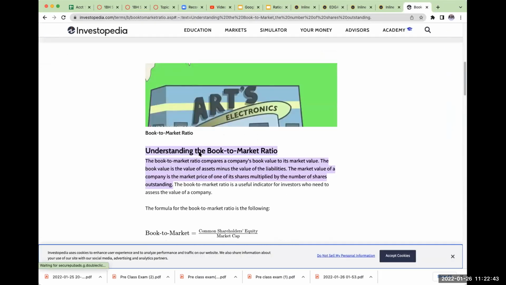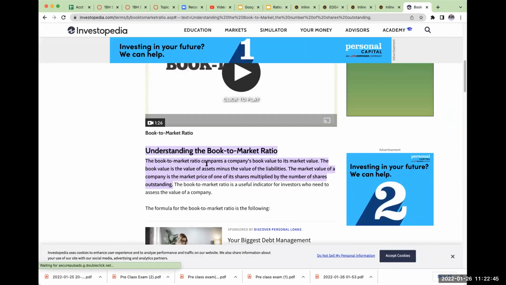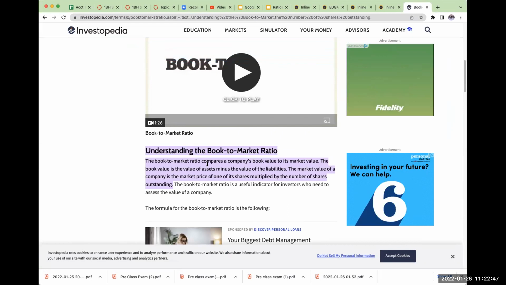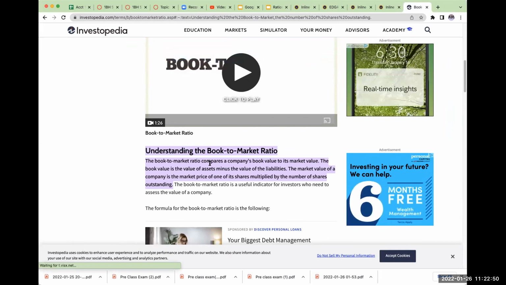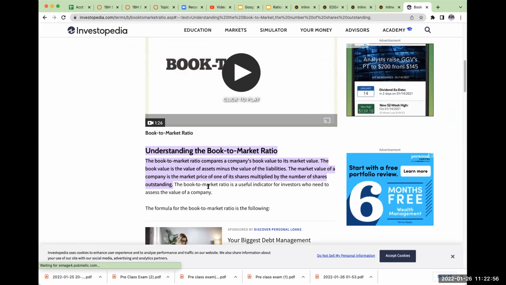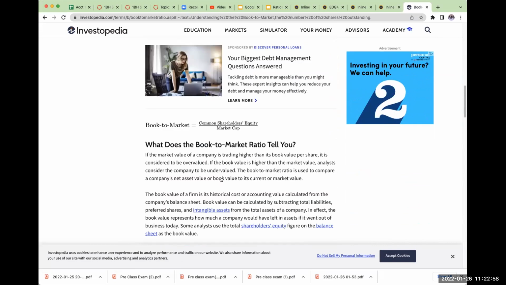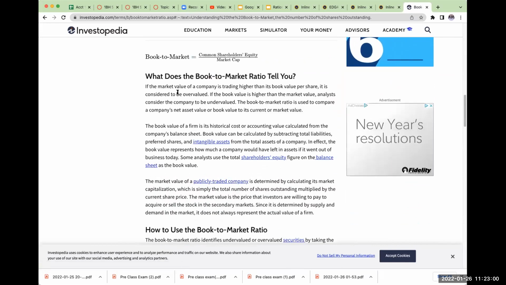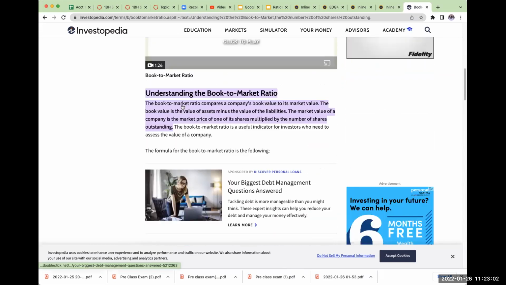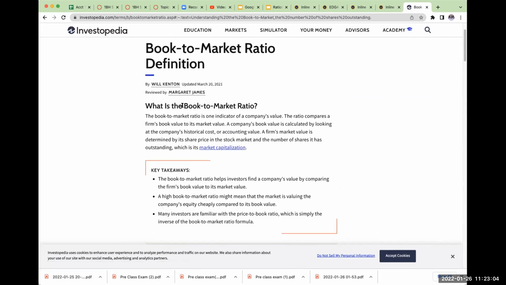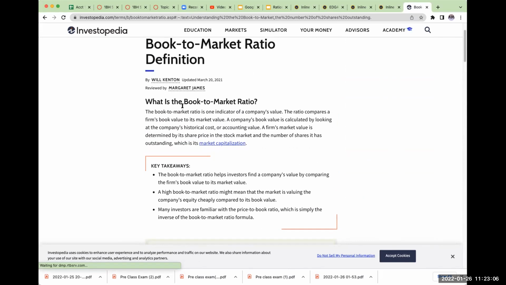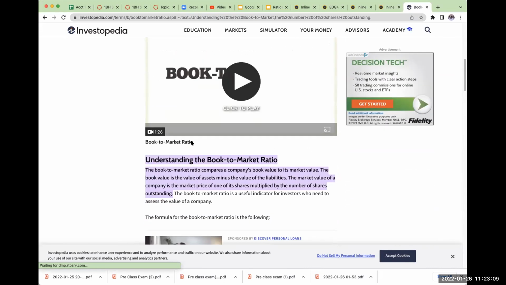Again, this is the market to book ratio, and when you look at the market to book ratio for firms, you're essentially backing out, let's pull this up here. Okay, so what we're going to go through and do, book value is the assets minus the value of its liabilities.